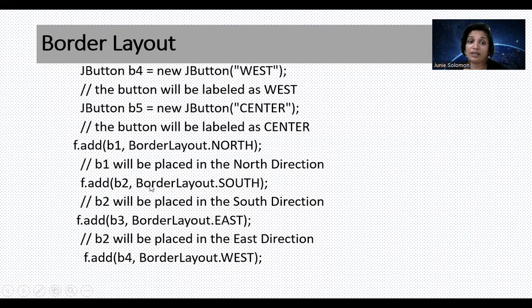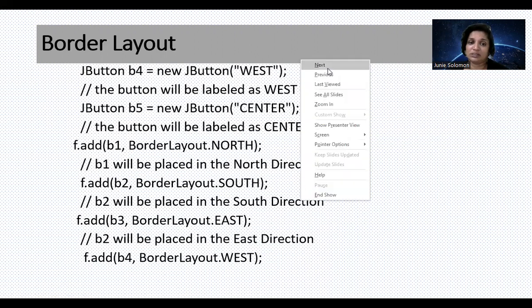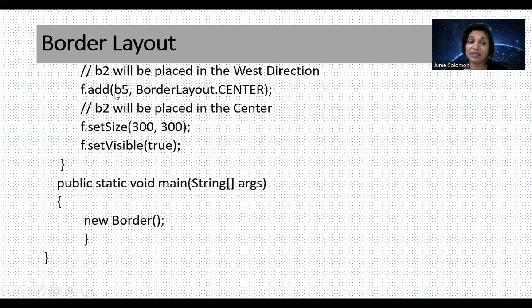And B2 I am adding to BorderLayout.SOUTH, B3 to BorderLayout.EAST, B4 to BorderLayout.WEST, and finally the last one to BorderLayout.CENTER. So all the 5 buttons are added to all the 5 regions.